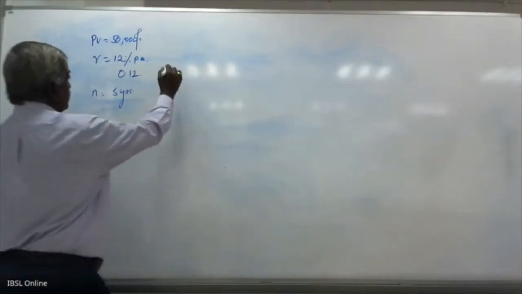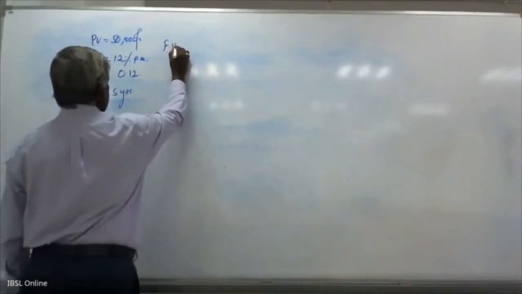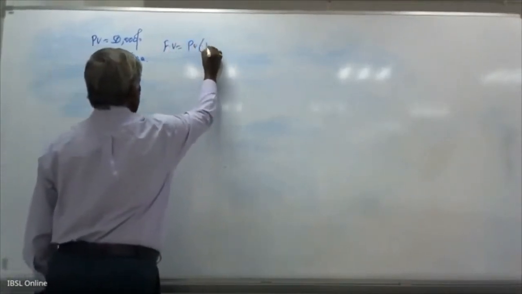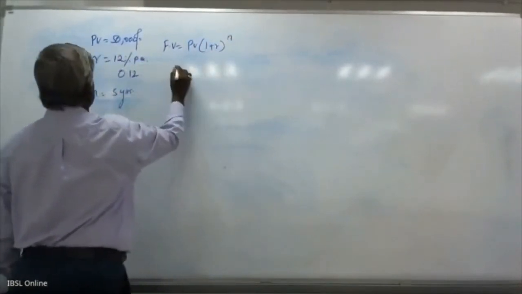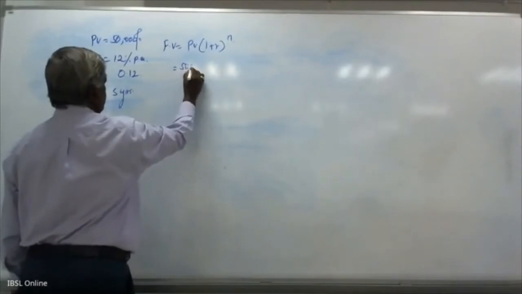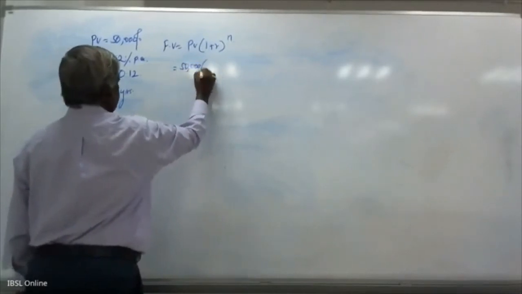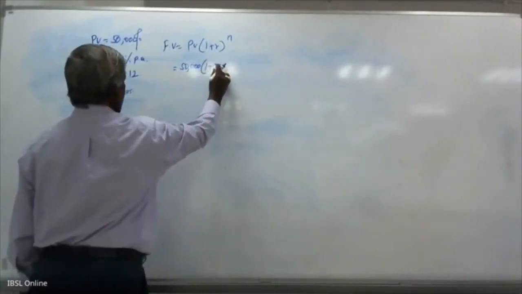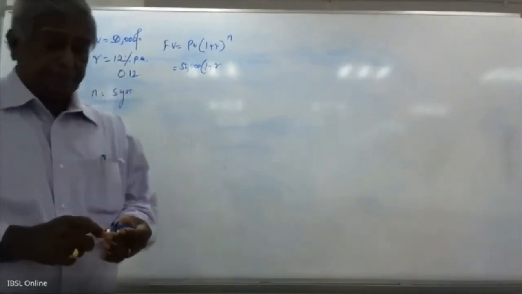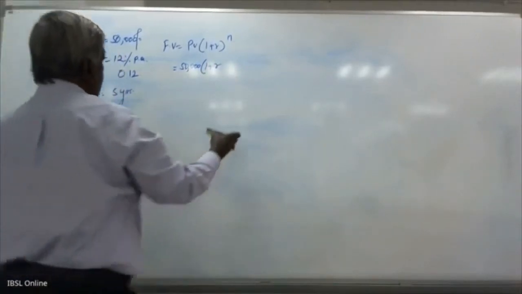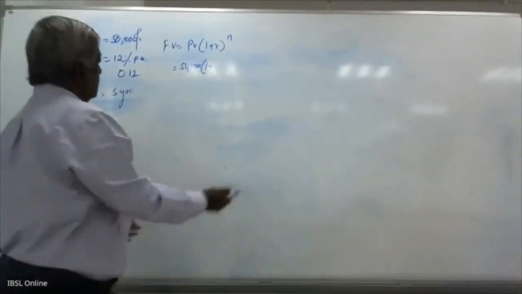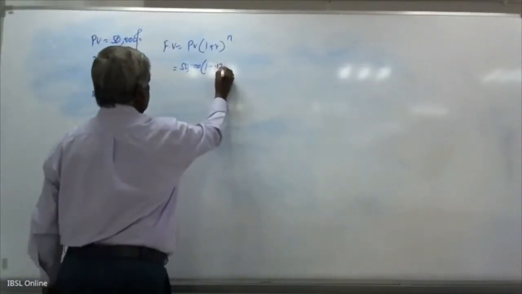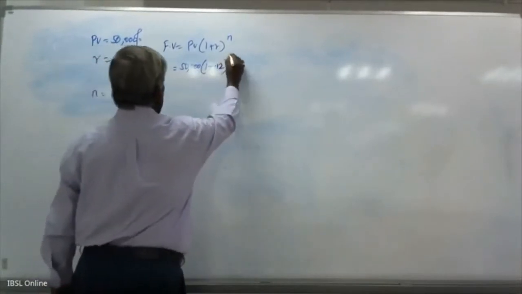So our formula is future value is equal to PV into 1 plus R to the power N. In this example, FV is equal to 50,000 into 1 plus 0.12 to the power N, where N is 5.